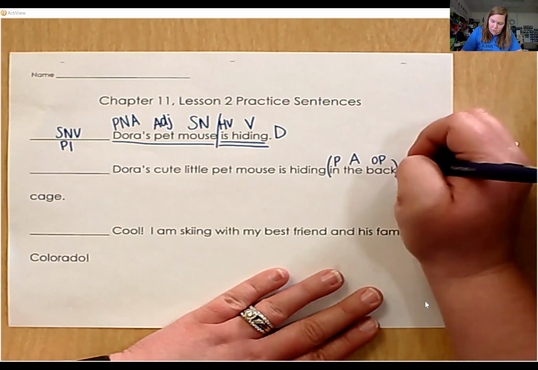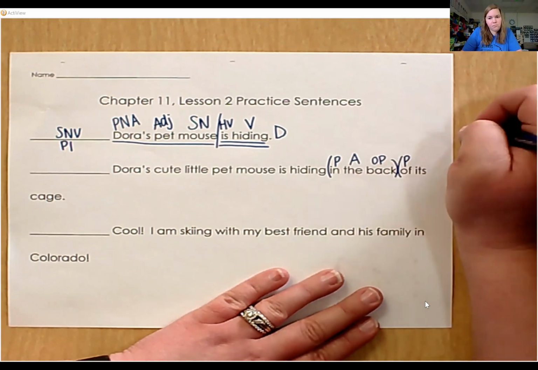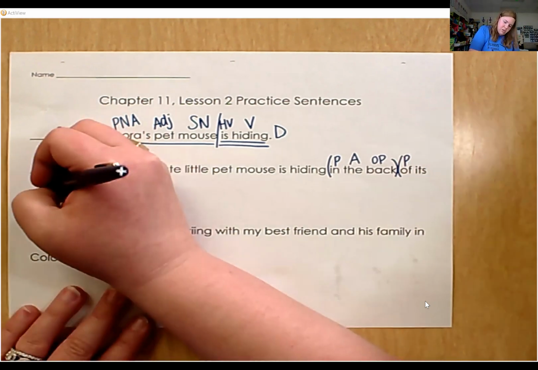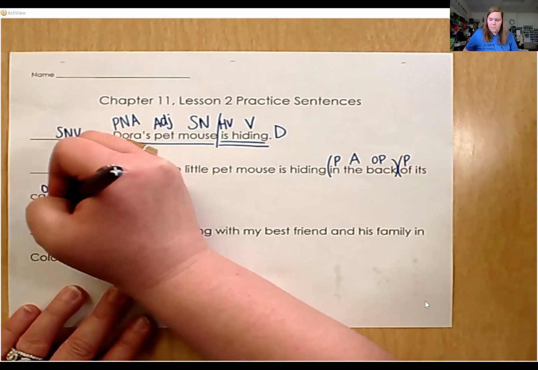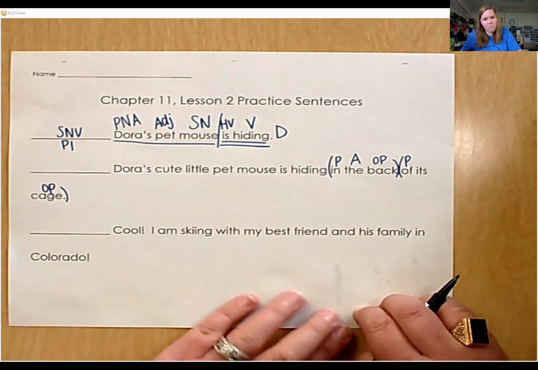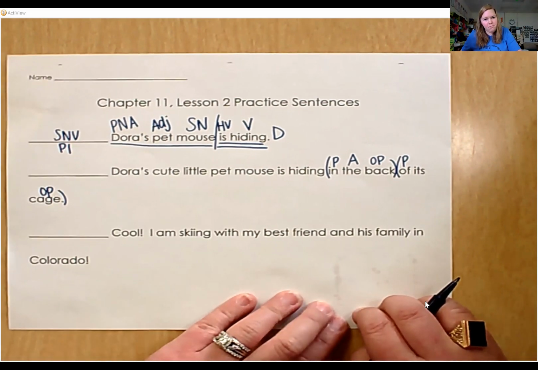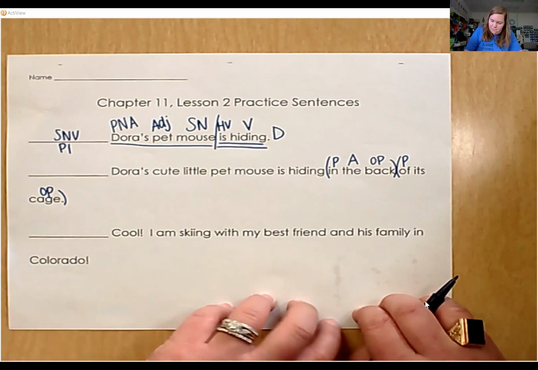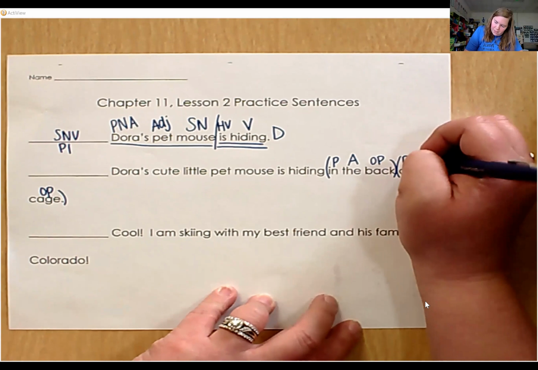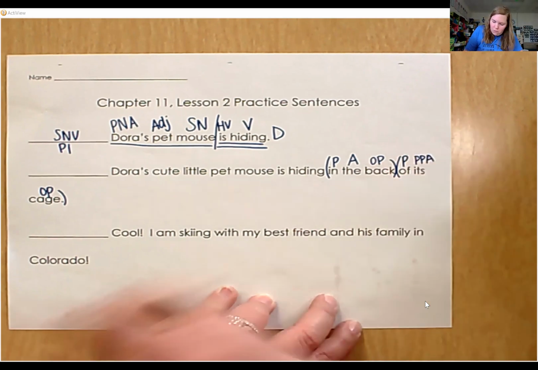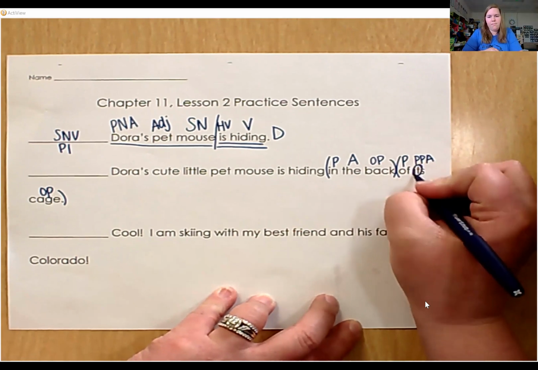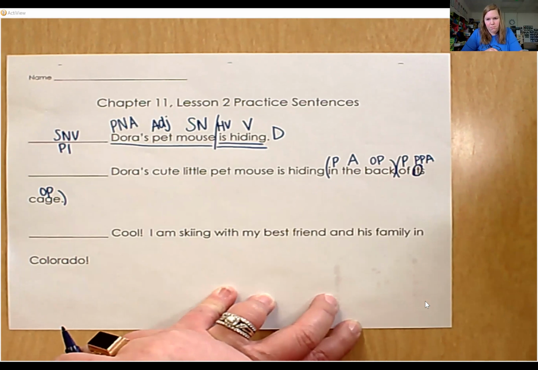Of, preposition, of what? Cage. Object of the preposition. Which cage? Its. Possessive pronoun adjective. This one's a pronoun because it is a pronoun. PPA.